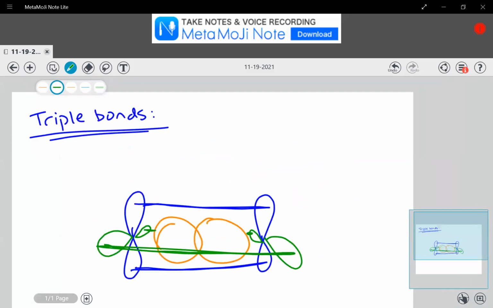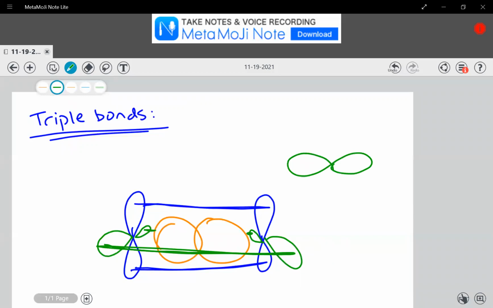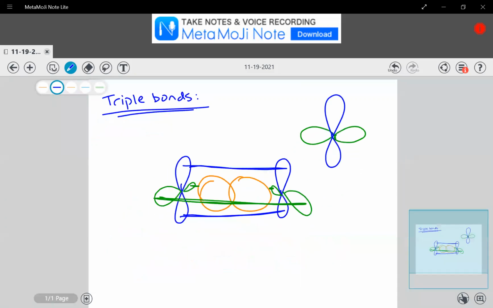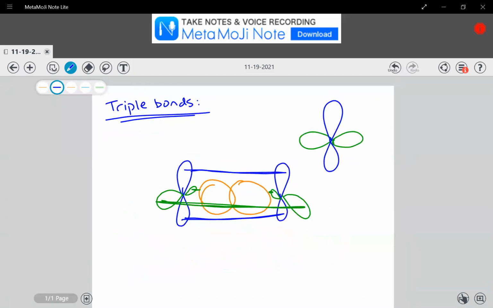So if you want, you can imagine it like you've got these 2 here, right? Blue is what you need for your double bond. Green is what you need for your triple bond, and together they form this thing that is called a triple bond.